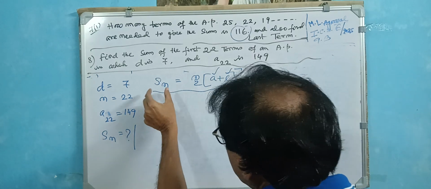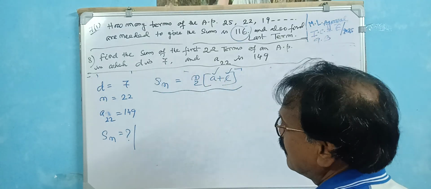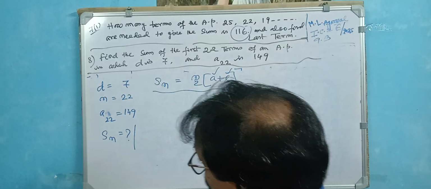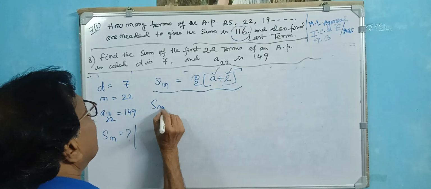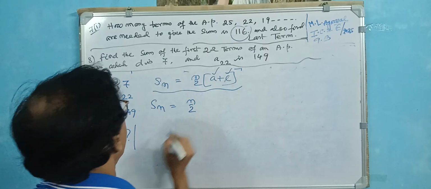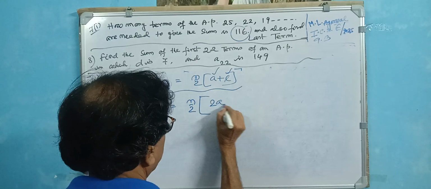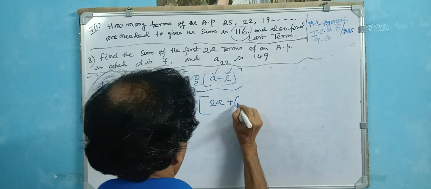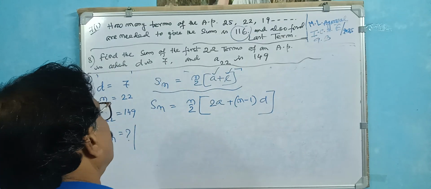To find the sum Sn, these two are unknown. Only n is known, so it is not possible. So you do not use this formula. You use the formula Sn is equal to n by 2 into (2a plus (n minus 1) into d). This formula you use.